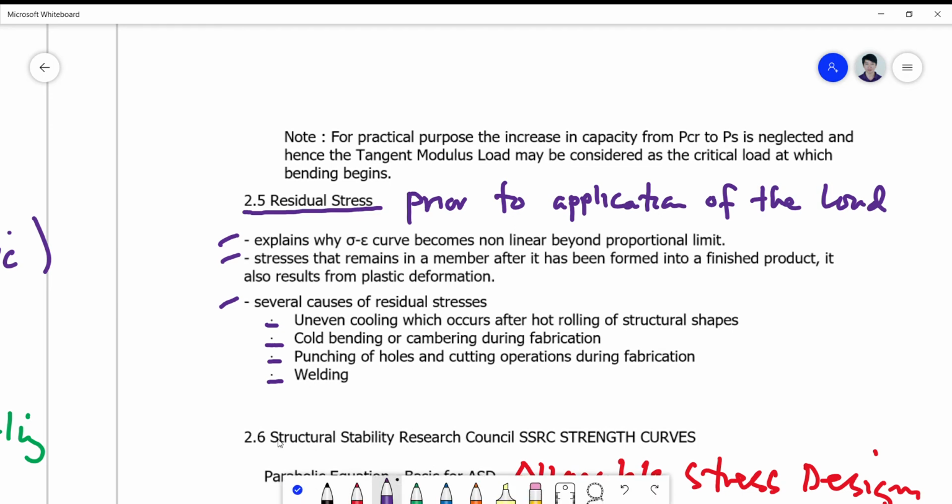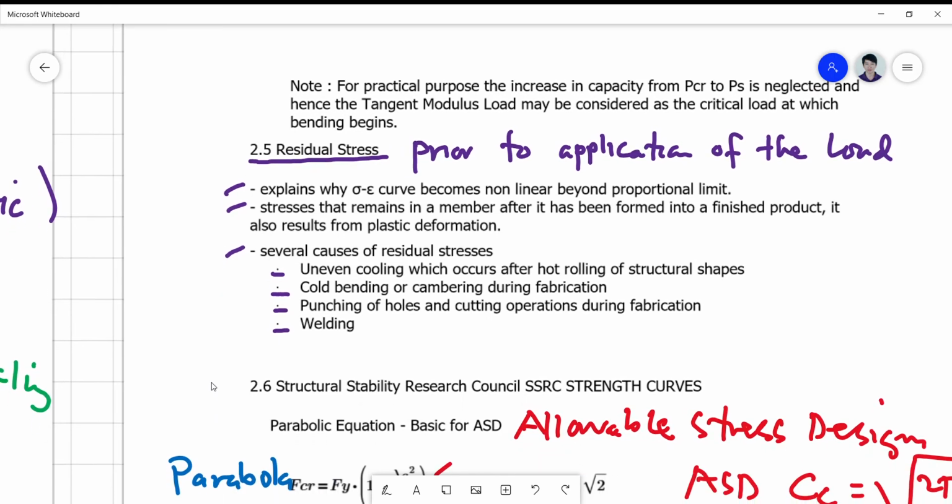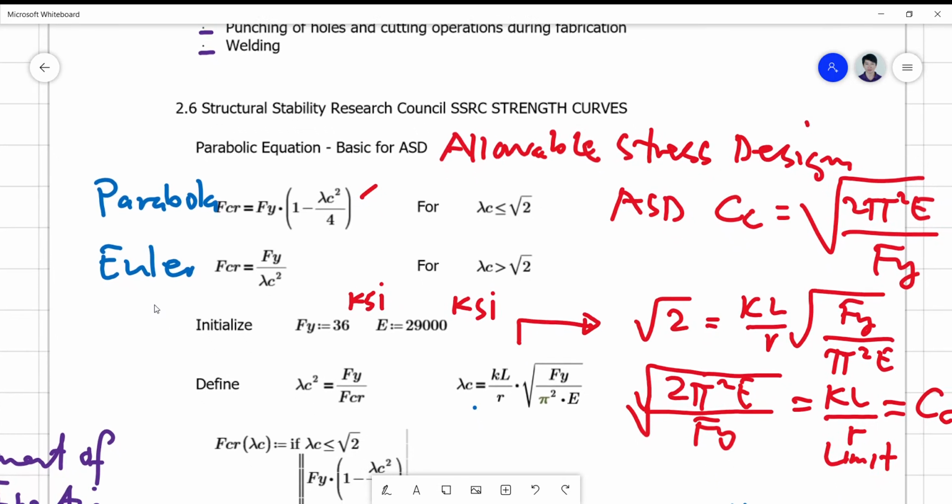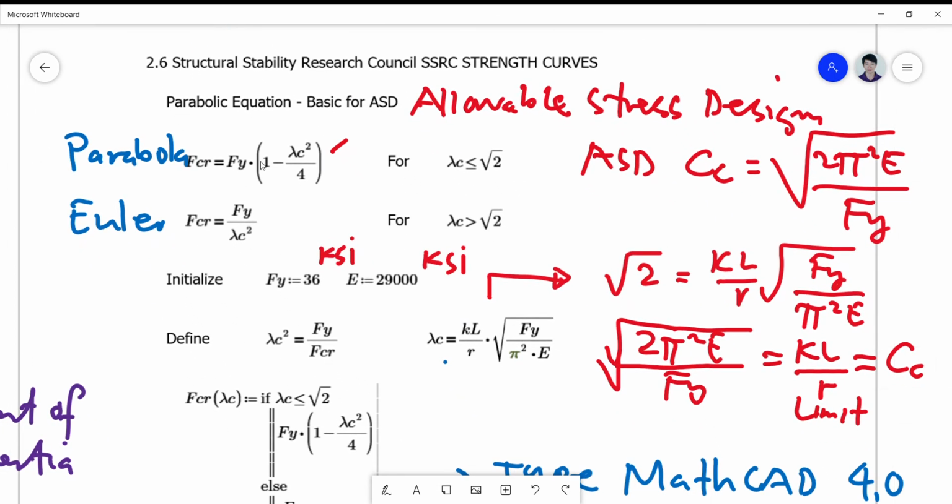So for this, the Structural Stability Research Council, which is the basis for the AISC formula, gives us this parabolic equation as a starting point for us to be able to understand what are the needed equations for us to be able to measure the strength of the column.